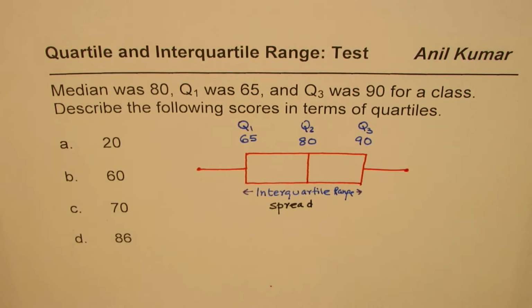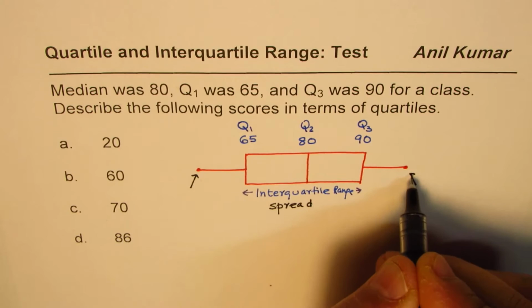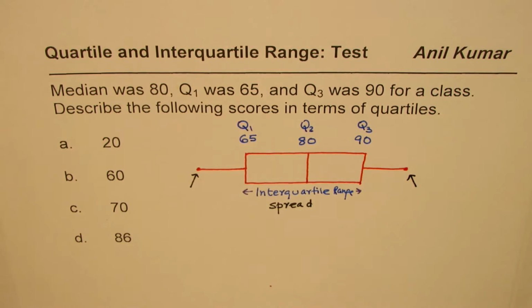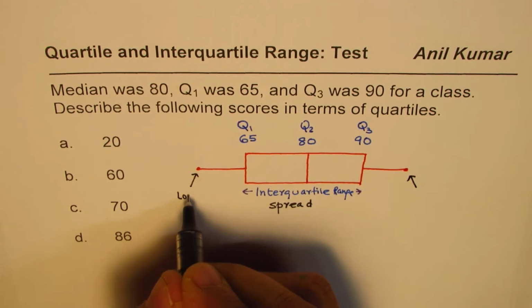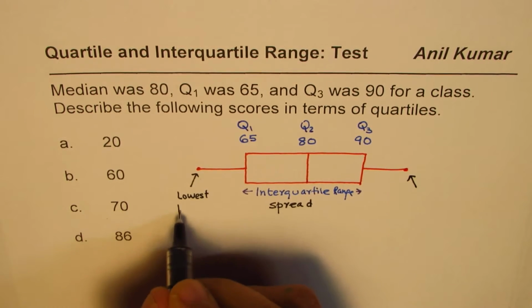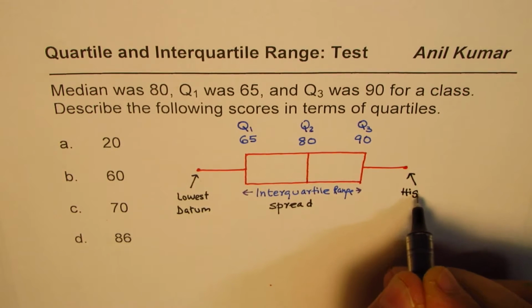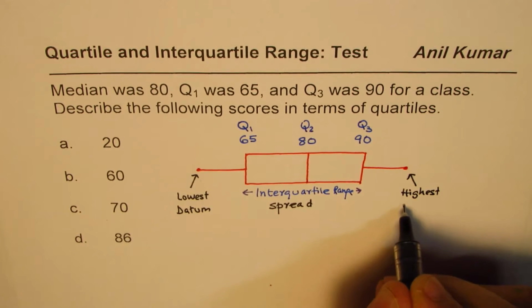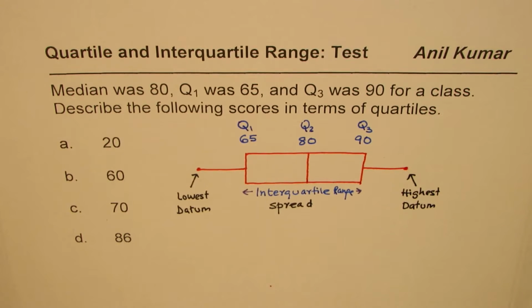Now the idea is how to find these two values. These two values represent the lowest and the highest datum, right? So let me write down the terms here. This is called the lowest datum and this one is the highest datum. How to calculate these?